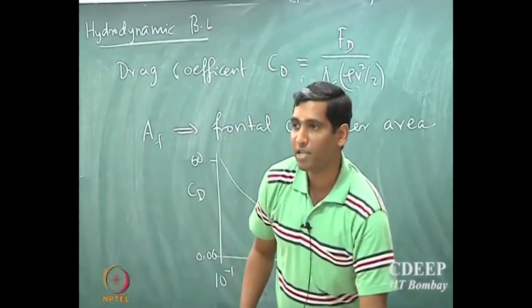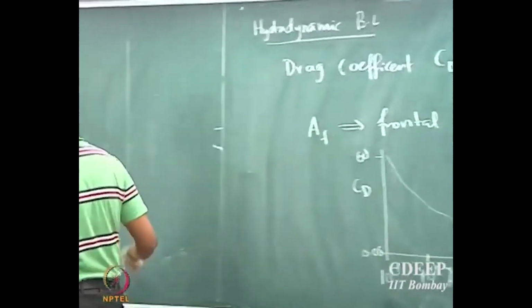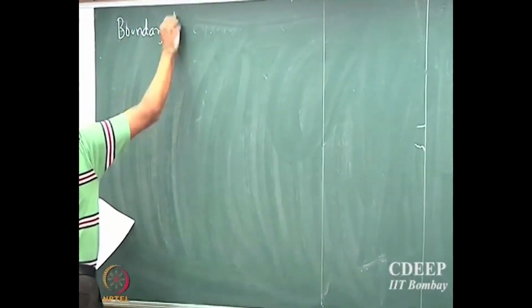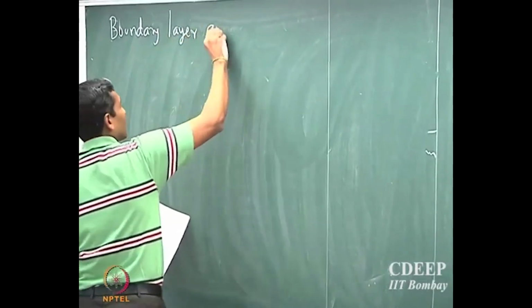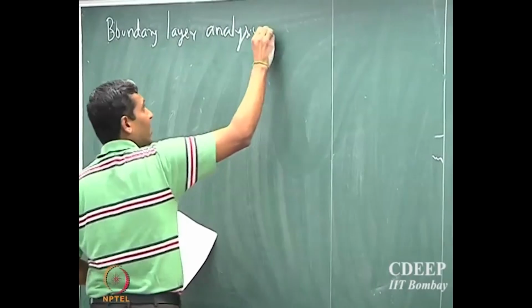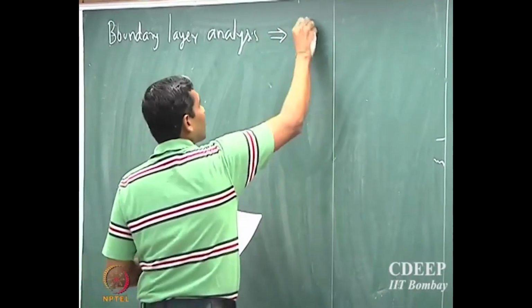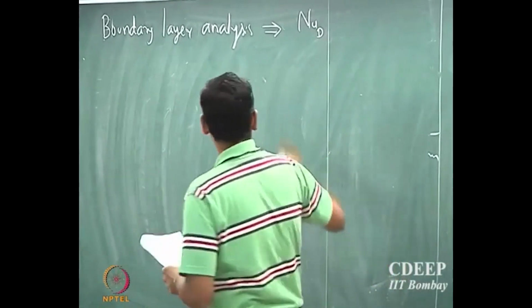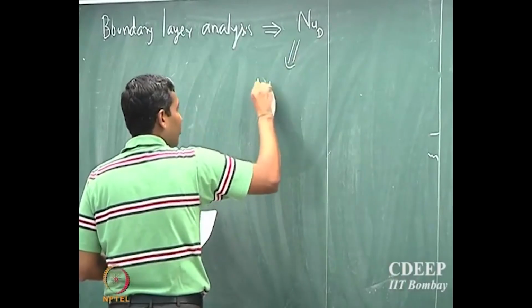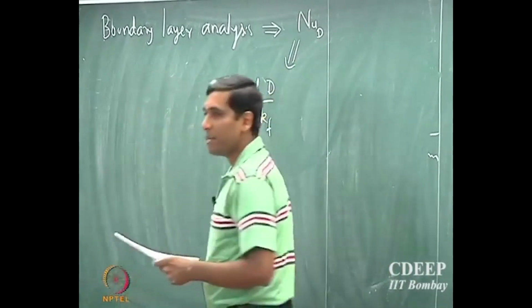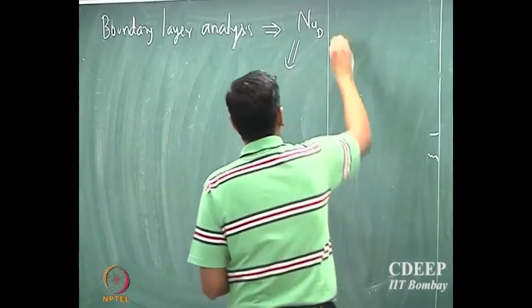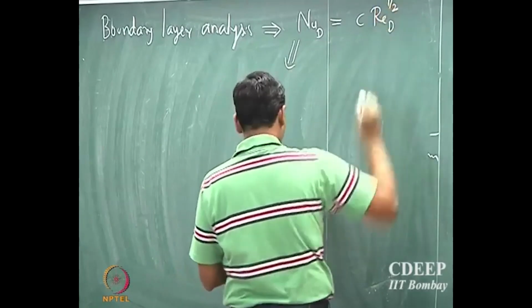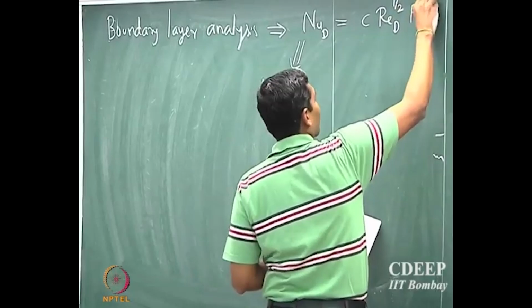The boundary layer analysis, which we will not do in this class, suggested that the Nusselt number, which is now defined based on the diameter of the cylinder, given by h into D by kf, is some function of Reynolds number to the power of half and Prandtl number to the power of 1 by 3.